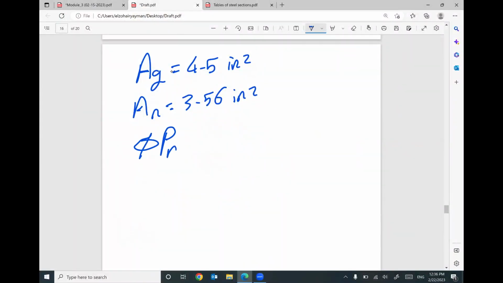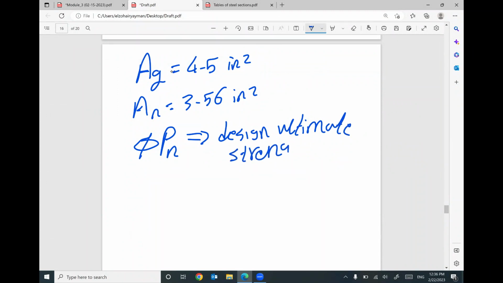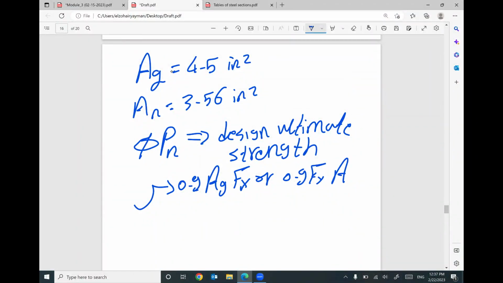What is the design ultimate strength? Phi PN, this is called design ultimate strength for this member. We have two keys: 0.9 area gross F yield, or can be written like this, 0.9 F yield area gross, and 0.75 F ultimate area effective.